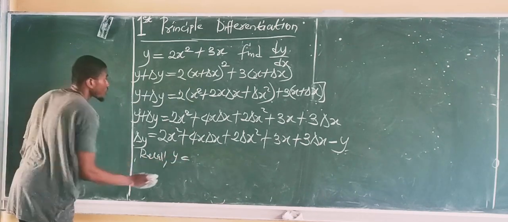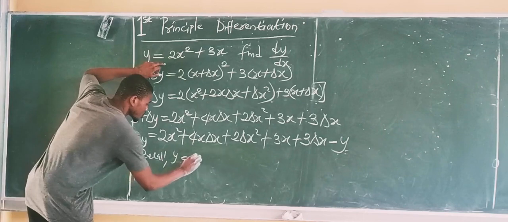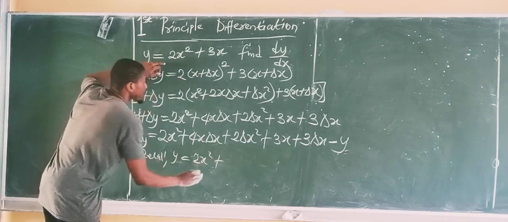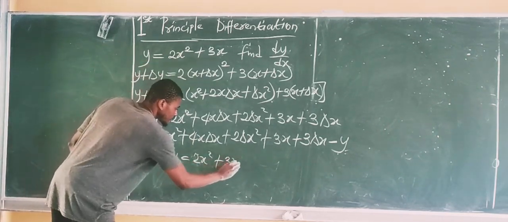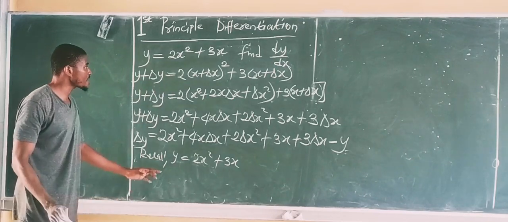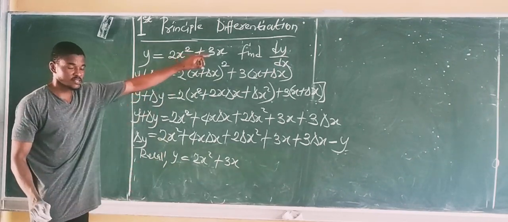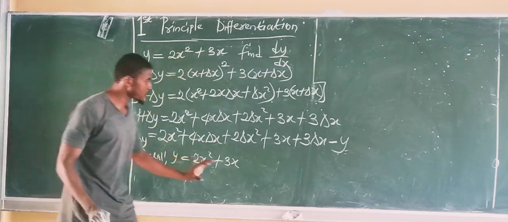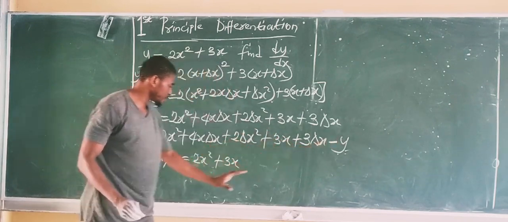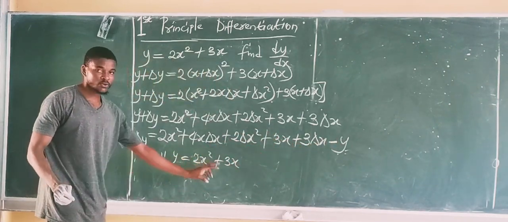Now recall that y is given as 2x squared plus 3x. So which means in place of y here, I will simply replace it with 2x squared plus 3x.